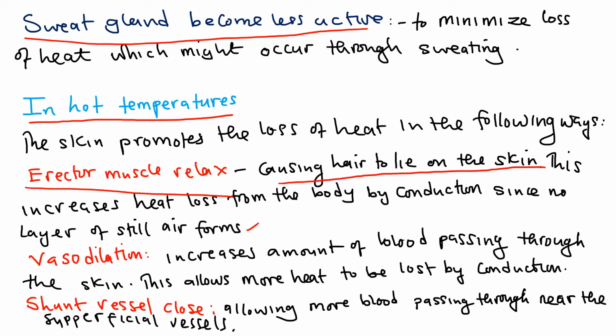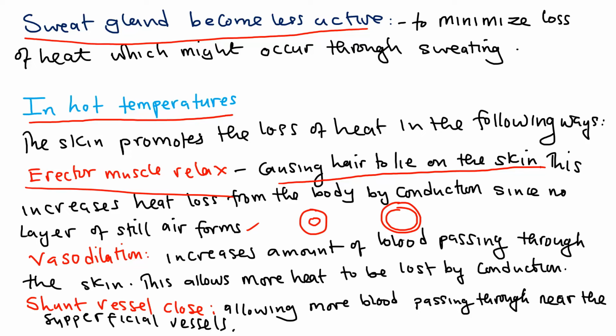So with vasodilation, let's say the lumen of the arterioles like that, it increases in size, and this increases the amount of blood passing through the skin, and heat can be lost by conduction. So that is how vasodilation promotes the loss of heat from the body when it is too hot.